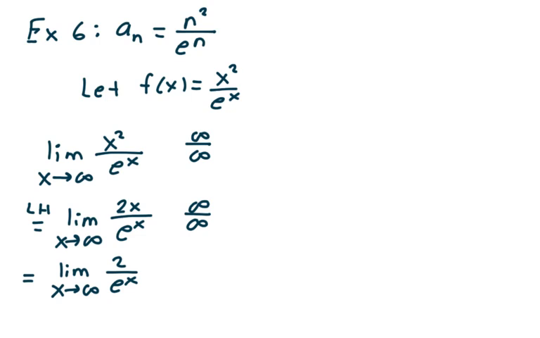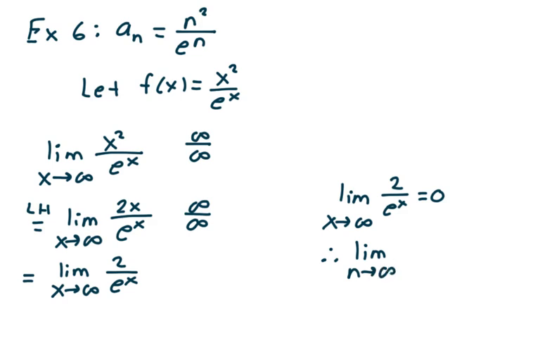And the limit as x goes to infinity of 2 over e to the x equals 0. And so, therefore, the limit as n goes to infinity of a sub n equals 0.